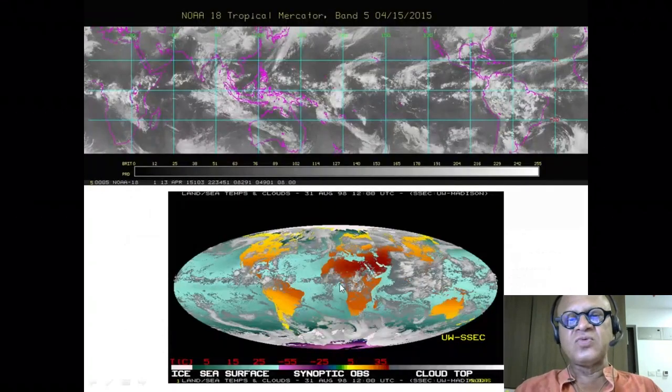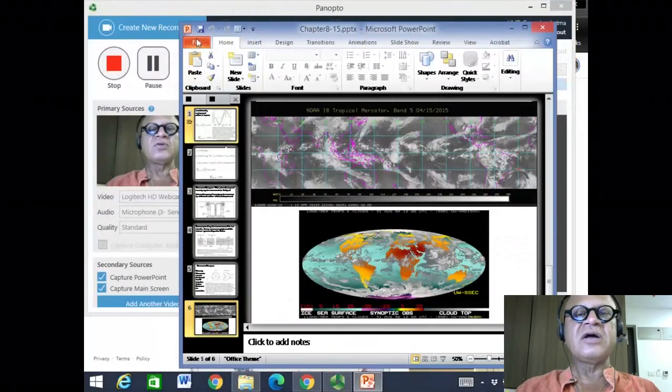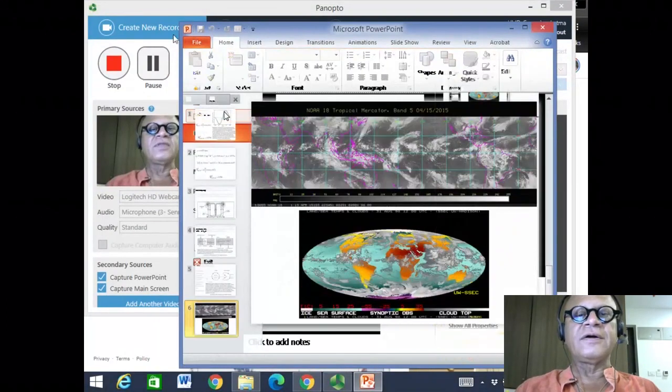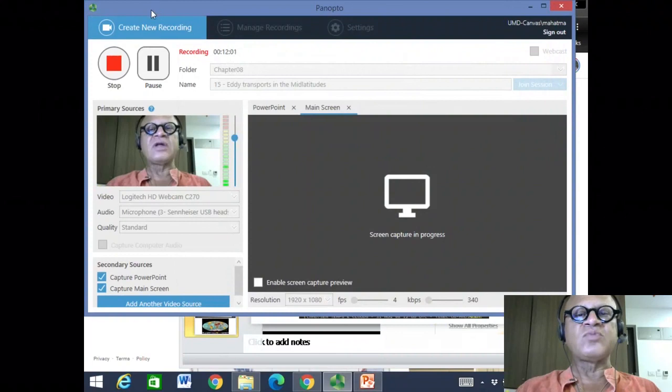Okay, so you can see that this also shows up in these cloud top and various quantities observed from satellites. Okay, these are synoptic observations of cloud tops, ice, sea surface, and so on and so forth. Okay, it's beautiful, right? The theory really works. So we are not just kidding about the requirement for eddies to transport requiring a certain shape.